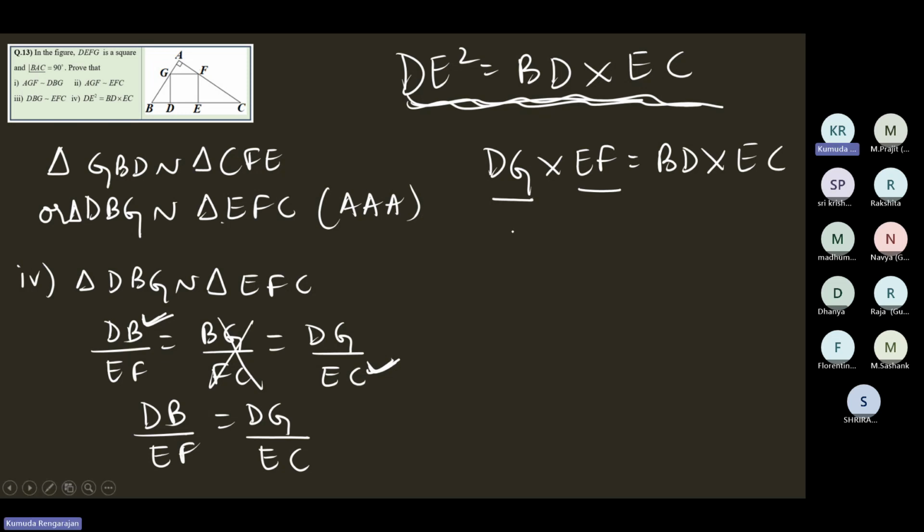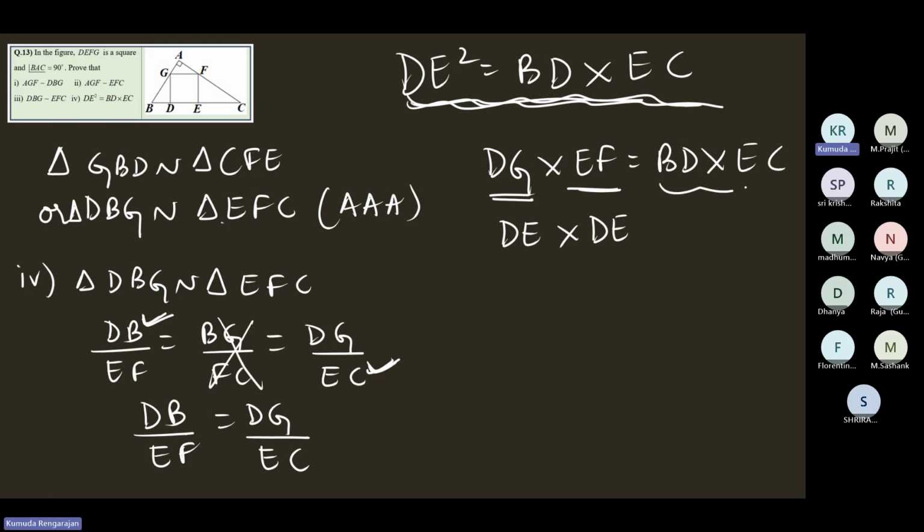And in the result we have DE, which is also a side of the square. But we know that DG is equal to DE and EF is also equal to DE.